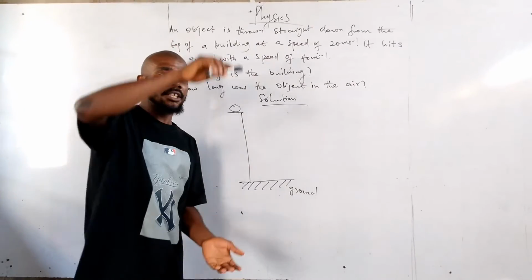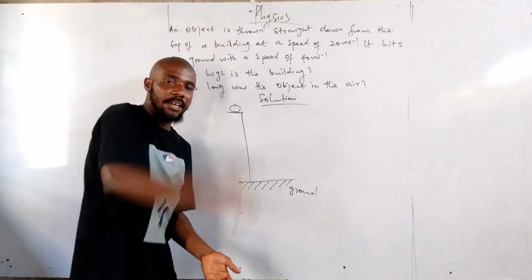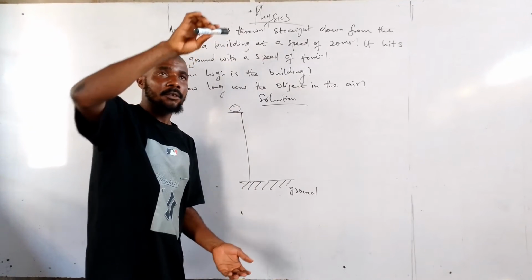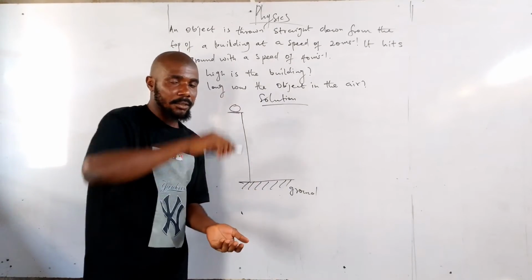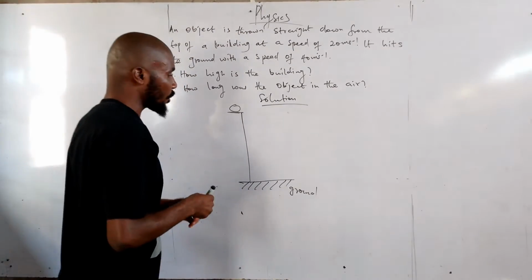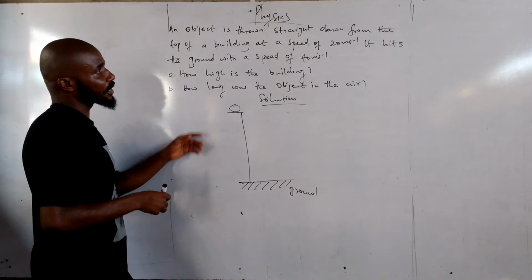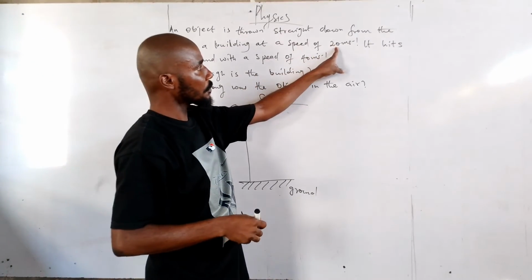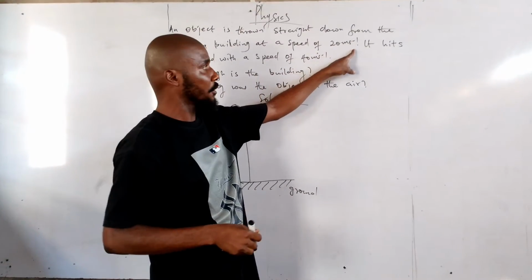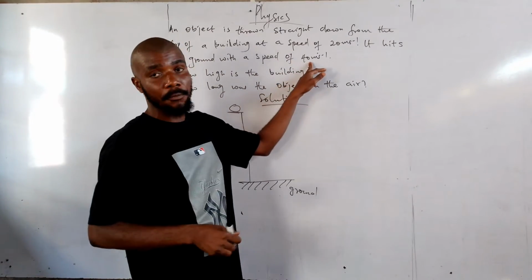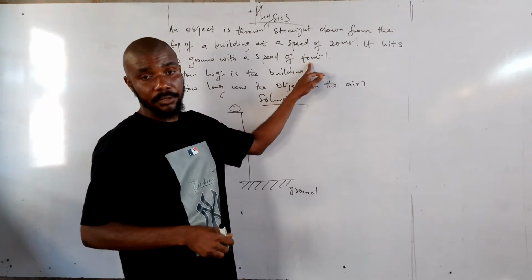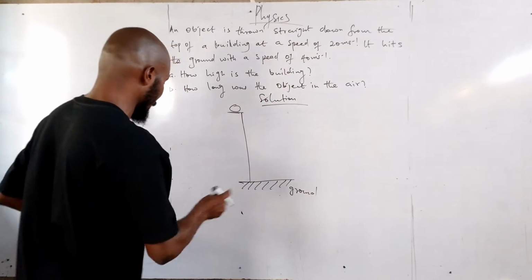Letting go is different from giving initial speed for it to fall down. It wasn't let go. Because it was given initial speed, we gave it an initial speed of 20 meters per second, and it hits the ground with a final speed of 40 meters per second. So let's see what that is all about.